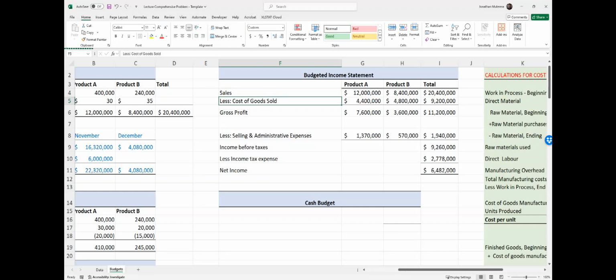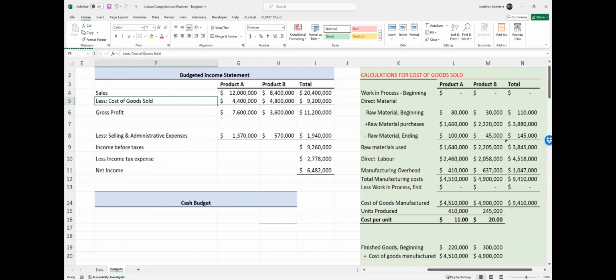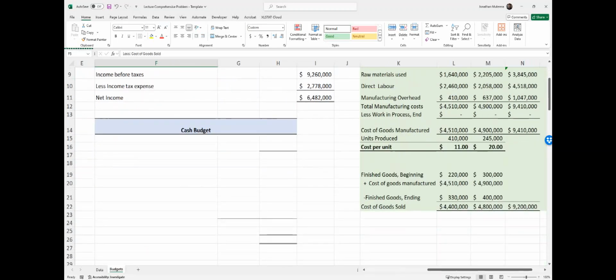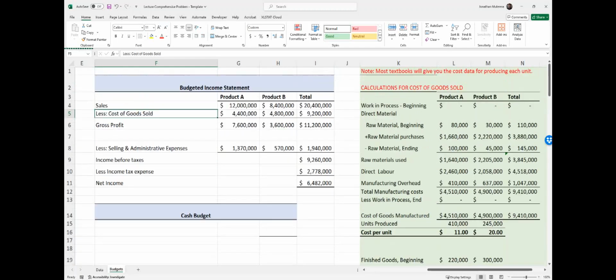That is the information we used to prepare our cost of goods manufactured, to figure out the cost per unit, and also our cost of goods sold. So those budgets were incorporated in all this work, which really was getting us to our cost of goods sold.